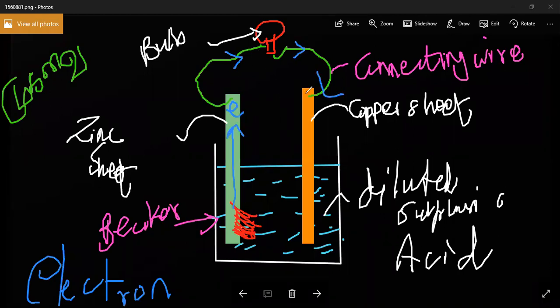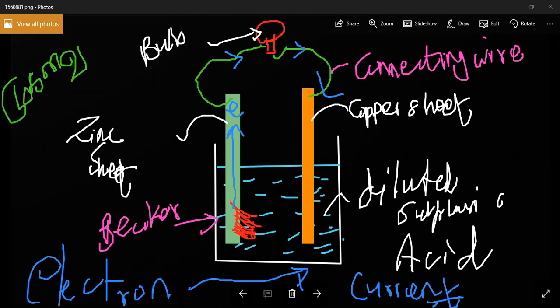When electrons move, what will be produced? Current. When current is produced, what would happen? The bulb lights up.